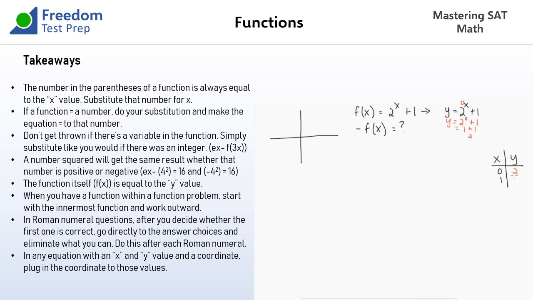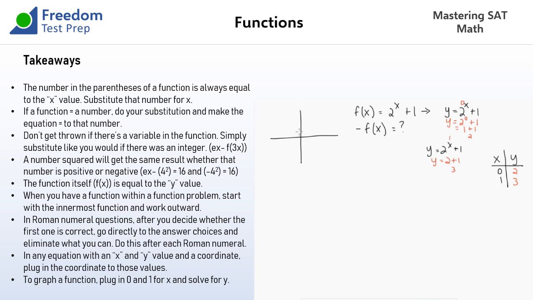Okay. Now, I think I'll rewrite it so it's nice and clean. Y equals 2 to the x plus 1. And now if we plug in a 1, we're going to get y equals 2 to the 1 is just 2, plus 1. So we're going to get 3. Right? Now this is what we have so far.